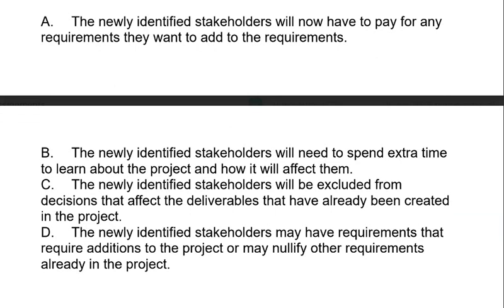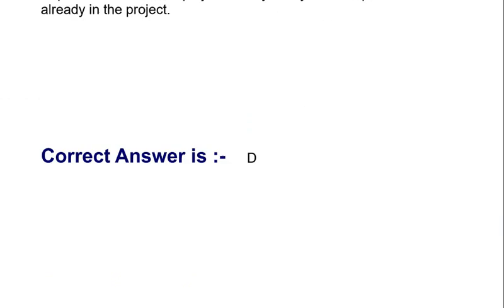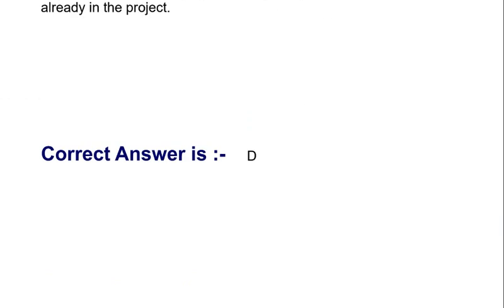Option B. The newly identified stakeholders will need to spend extra time to learn about the project and how it will affect them. Option C. The newly identified stakeholders will be excluded from decisions that affect the deliverables that have already been created in the project. Option D. The newly identified stakeholders may have requirements that require additions to the project or may nullify other requirements already in the project. Correct answer is option D.